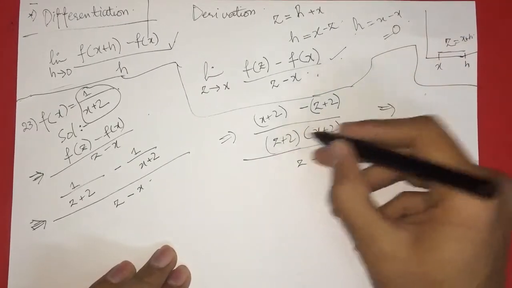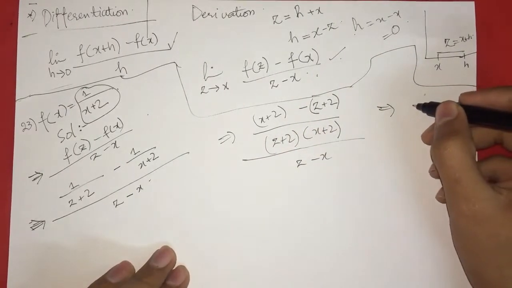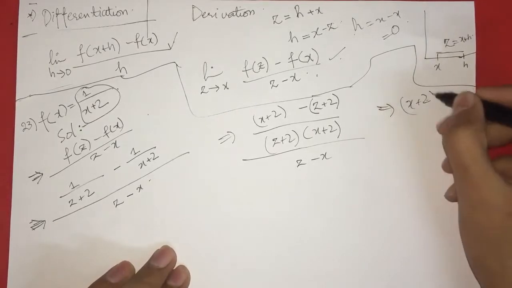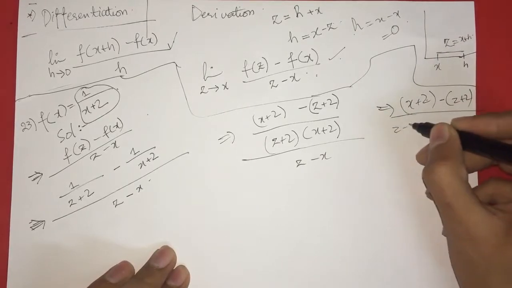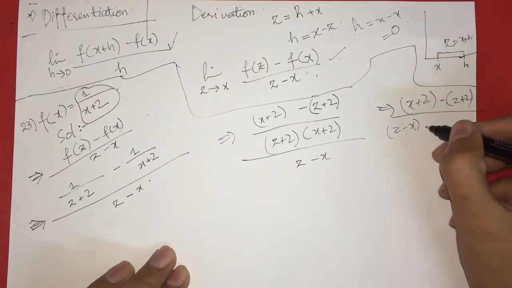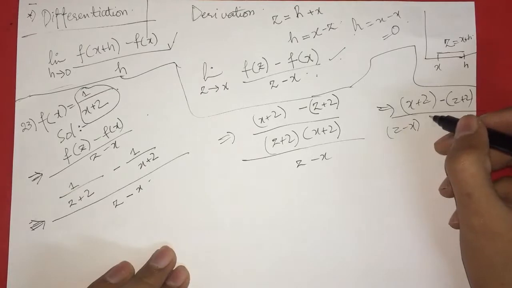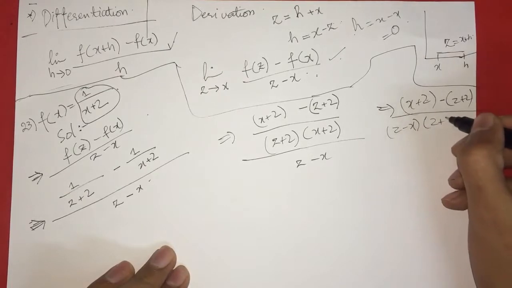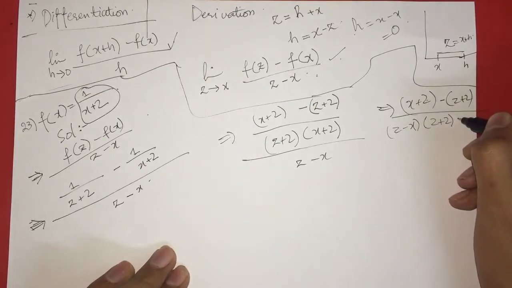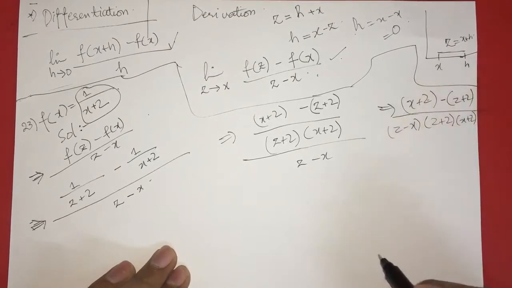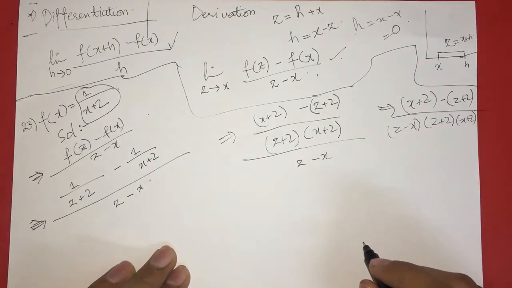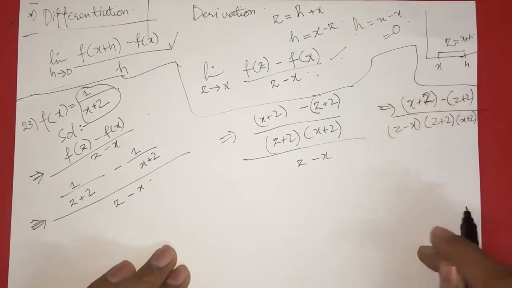When you shift these two terms down, you're going to get x plus 2 minus z plus 2 divided by z minus x, times z plus 2 and x plus 2. So this is x plus 2, z plus 2.